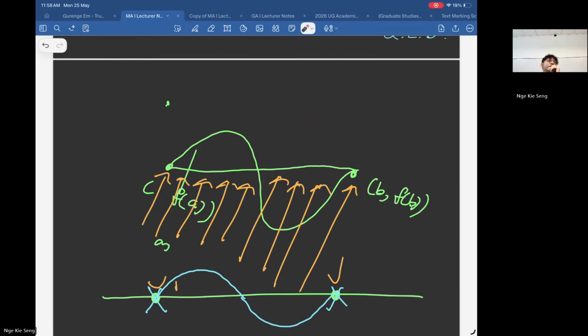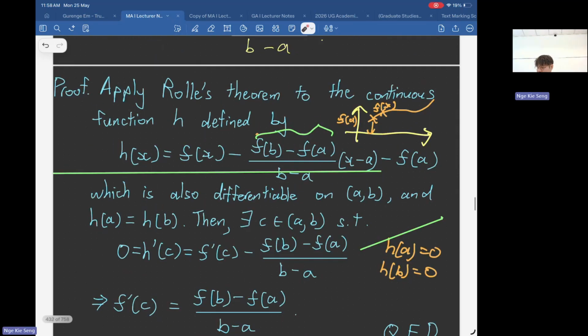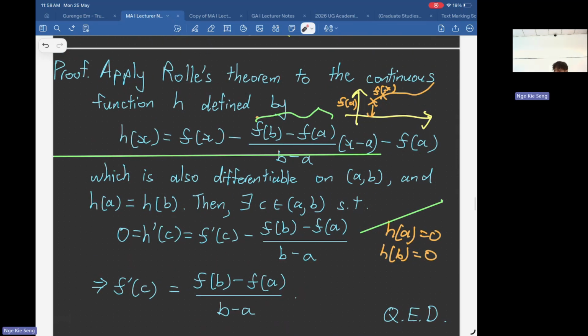Okay, next time. Then in this case, if you try to compute h'(c), it is exactly f'(c) minus (f(b) minus f(a)) over (b minus a).